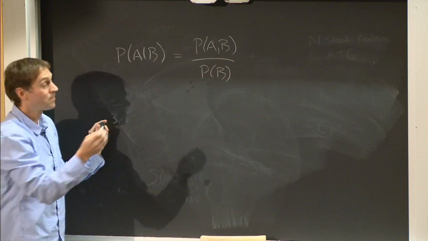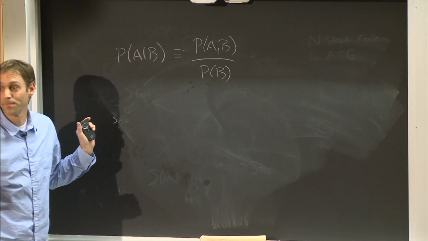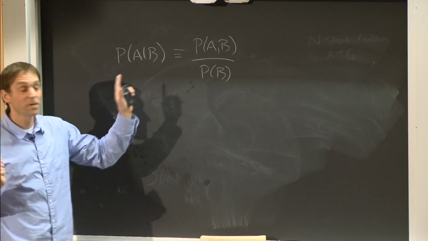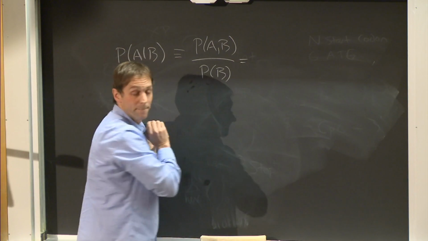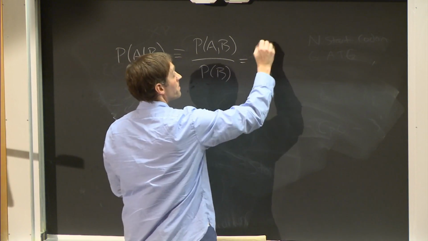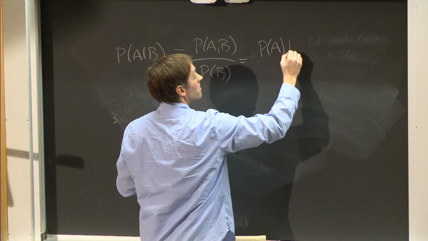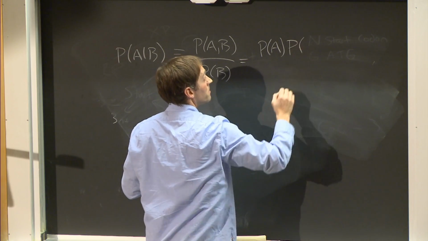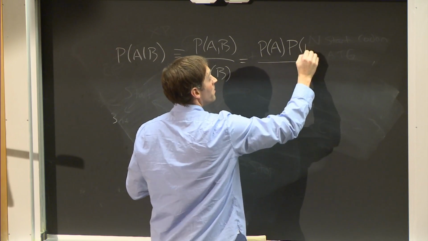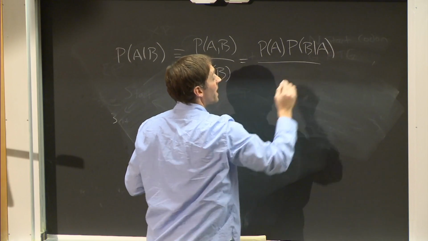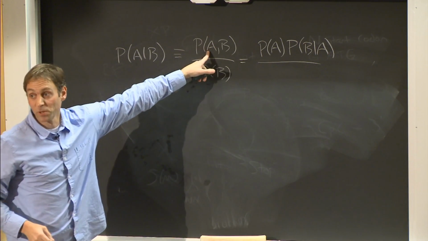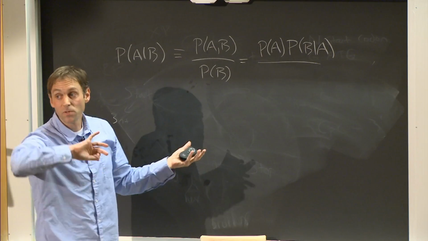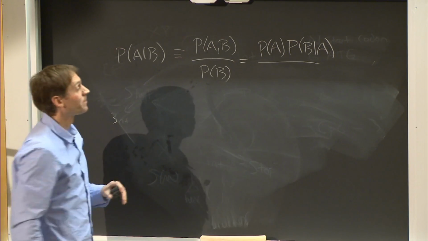That's just definition. And now what do I do? Split the top part into what? P of A times P of B given A. That's just another way of writing the joint probability P of A, B, using the definition of conditional probability again, right?